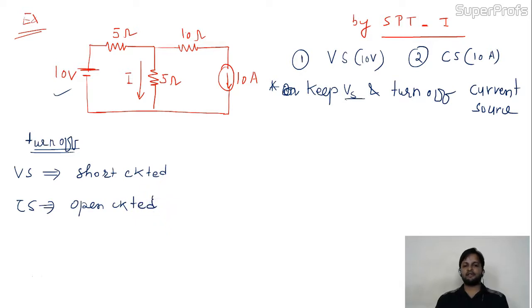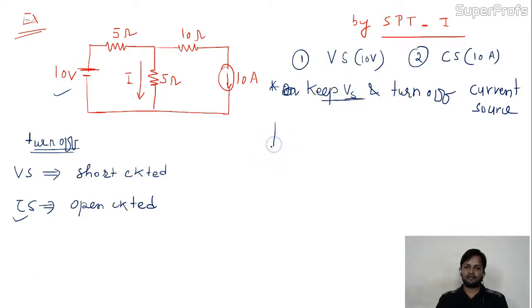Are you getting me? Suppose you want to remove the voltage source from the circuit, you will replace it by a short circuit. But when you want to turn off the current source, you will replace this particular branch by an open branch or open circuit. Here first I am taking the voltage source into consideration.